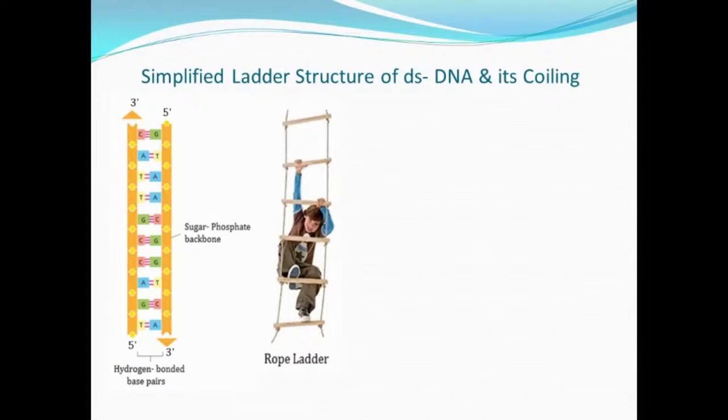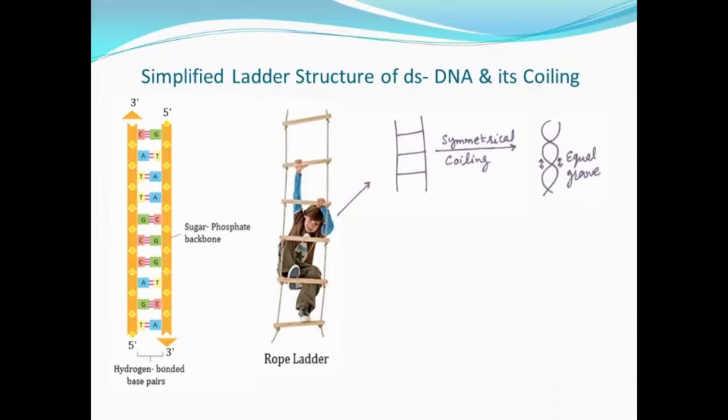Visualize that you are holding a small rope ladder in your hands and twisting it clockwise or anti-clockwise. Then if the ladder remains straight during twisting, it will result in a symmetrical coil with equal sized grooves on its sides.